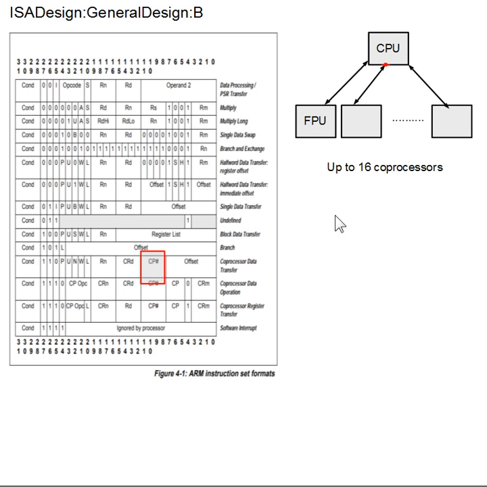The coprocessor data operation format includes all the computational instructions like FSUBD, FADDD, FMULD, etc. It bears some similarity to the data processing format in that it has a 4-bit opcode, plus CRN and CRD registers for the first operand and the target register.